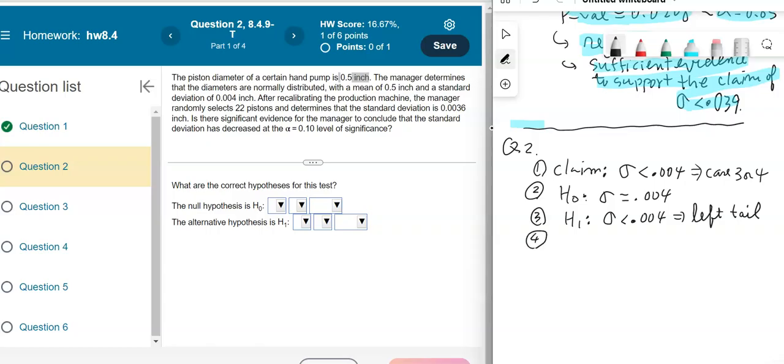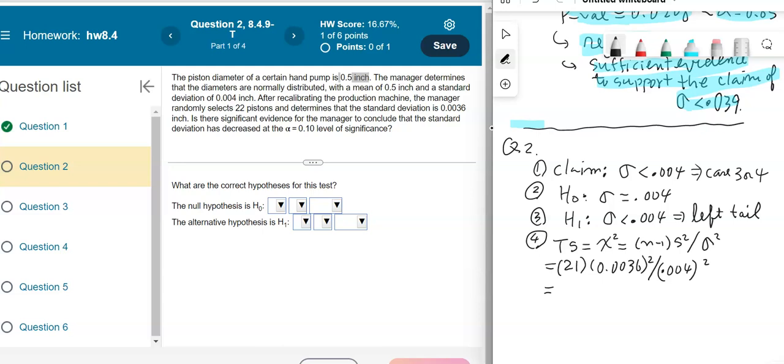Now, the test statistic is chi-square, which is n minus 1 times s squared divided by sigma squared. So n is how many? 22, so 21. S is given as 0.0036 squared, divided by 0.004 squared.